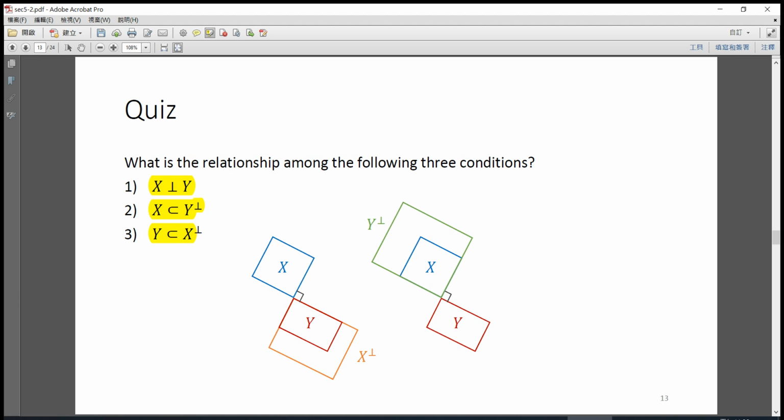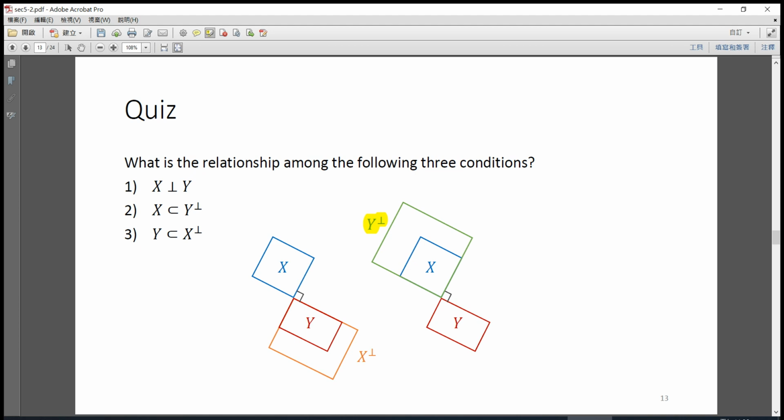To show this, I depict two figures in this slide. The right-hand side figure depicts the relationship between condition 1 and condition 2.